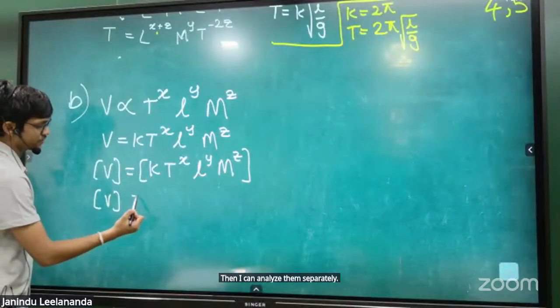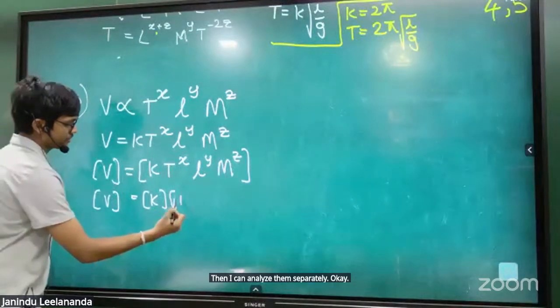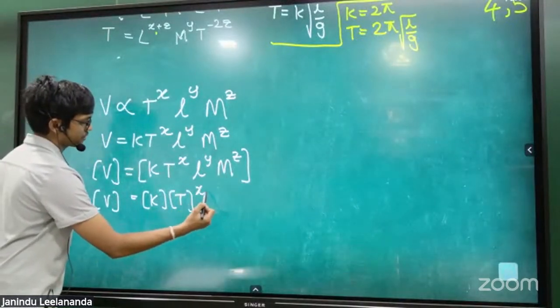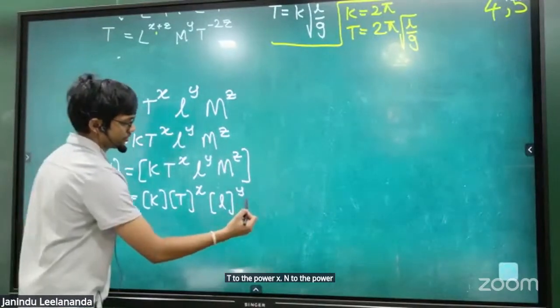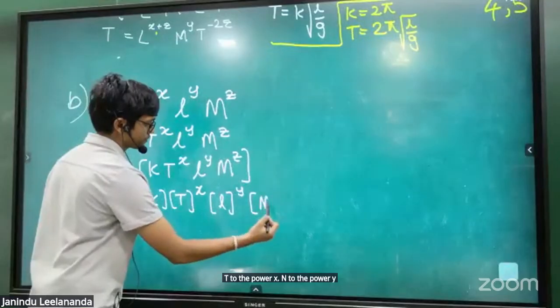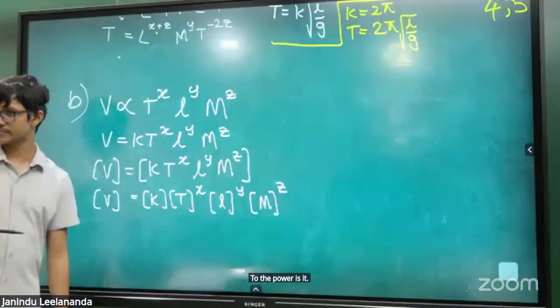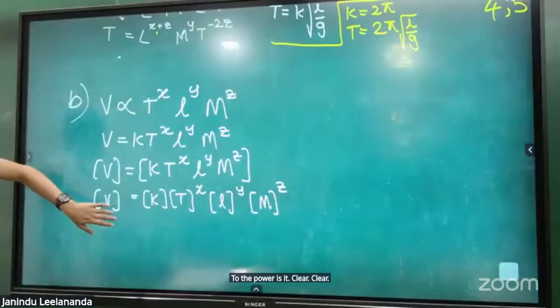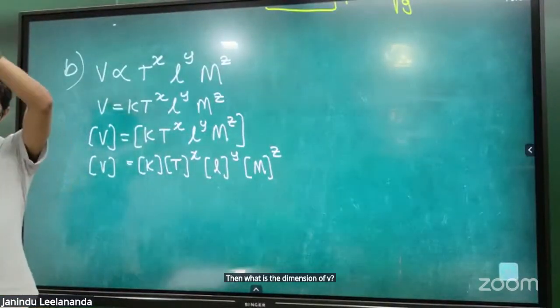V, K, T to the power X, L to the power Y, M to the power Z. Clear? Then what is the dimension of V? Attention everyone.